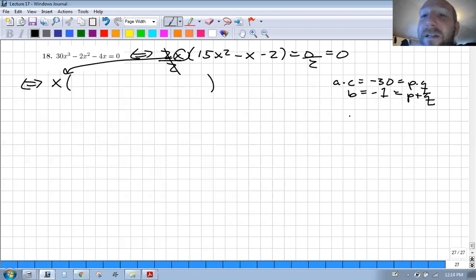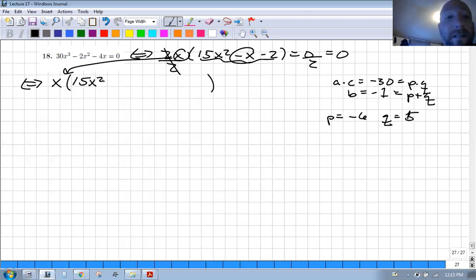What if I did a negative 6 and a positive 5? They multiply to give me a negative 30, but they add to give me a negative 1. So I'll take this and rewrite it. This minus x as negative 6x plus 5x.